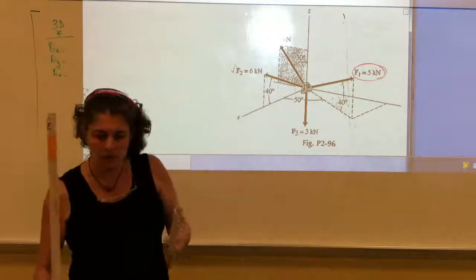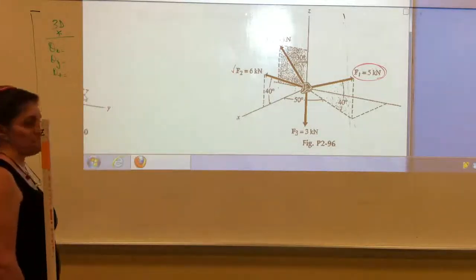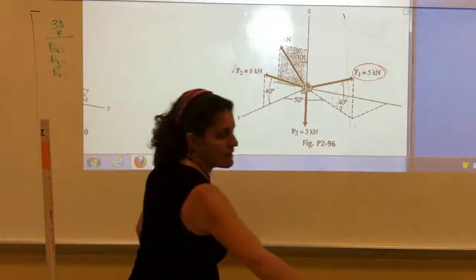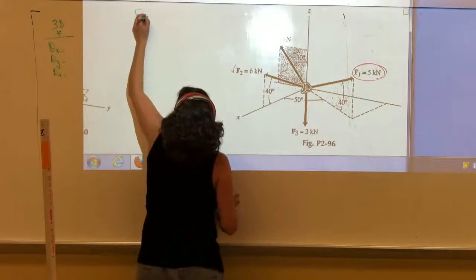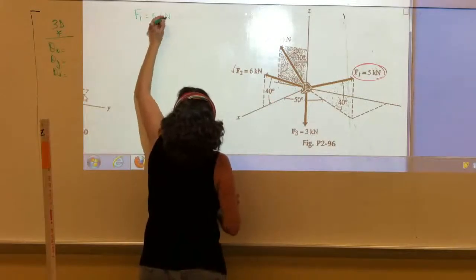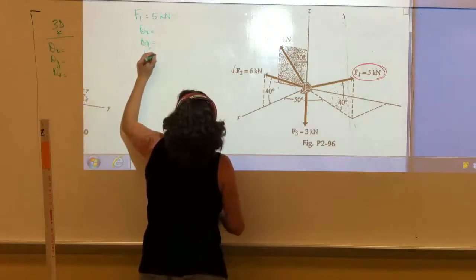So using the angles with the cosine is basically our dot product. Let's look back here. We're looking at F1, which is 5 kilonewtons, theta x, theta y, and theta z.